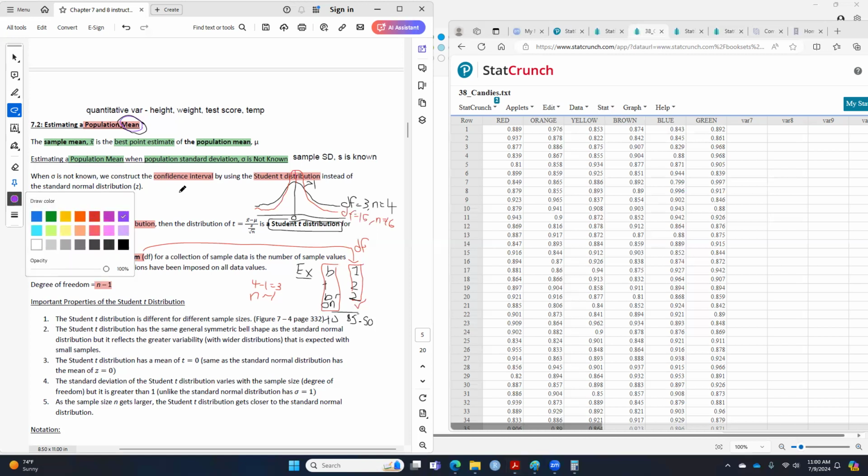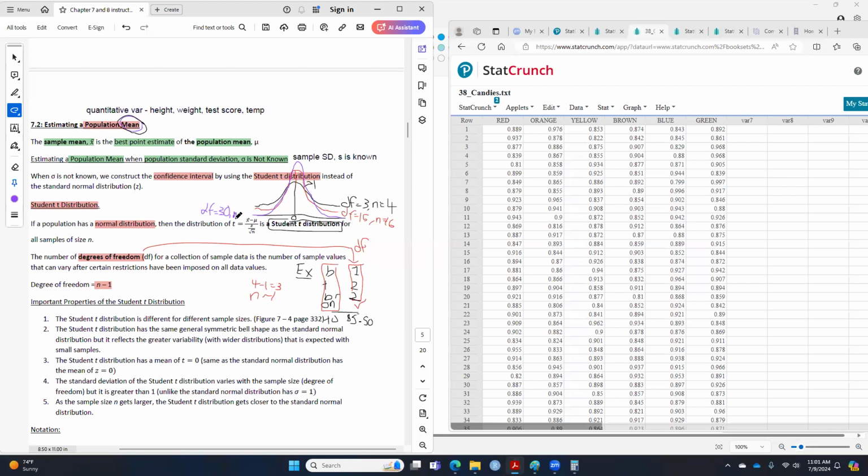Now, what happens if you keep on increasing your degree of freedom to even bigger? Let's say your degree of freedom in this case is bigger, the purple one. Let's say your degree of freedom is 30.